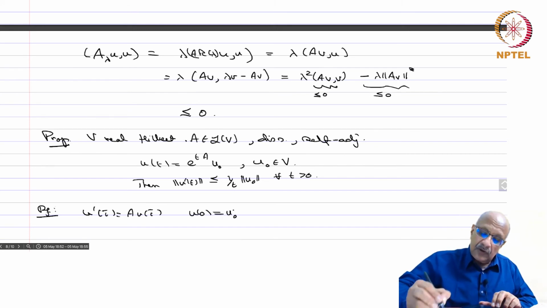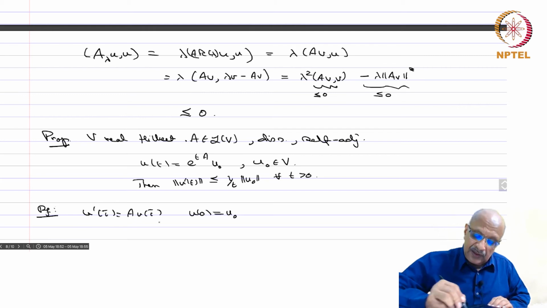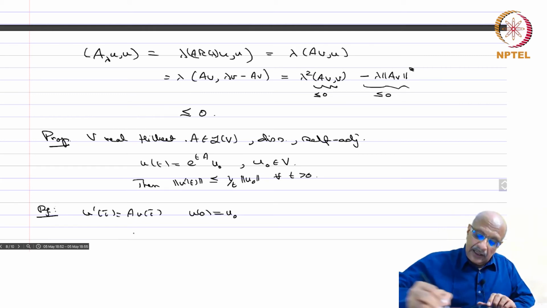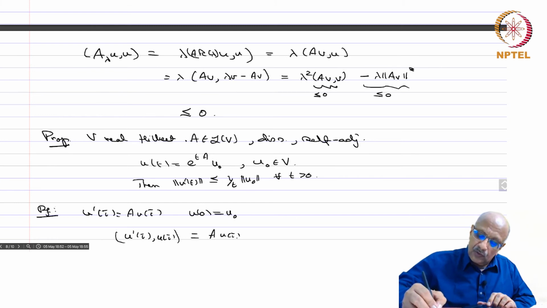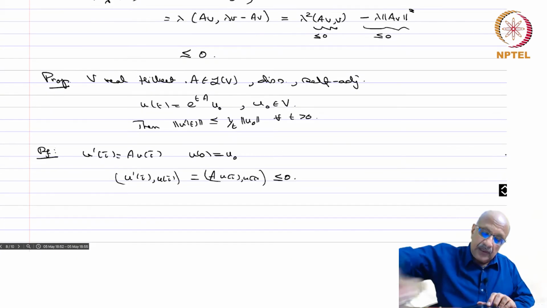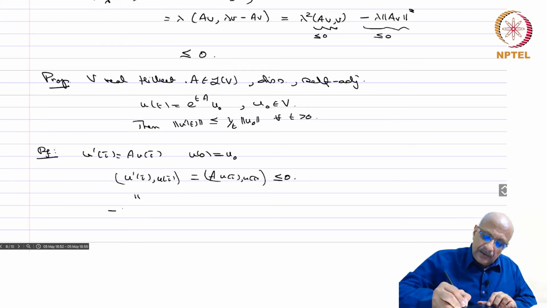That is the definition, because e power tA u naught is precisely the solution of this equation here. So if I now take the inner product, u dash tau, u tau is equal to A of u tau, u tau, and that is less than or equal to 0 because you have dissipativity. But this is equal to 1/2 d by dt of norm u of tau square.